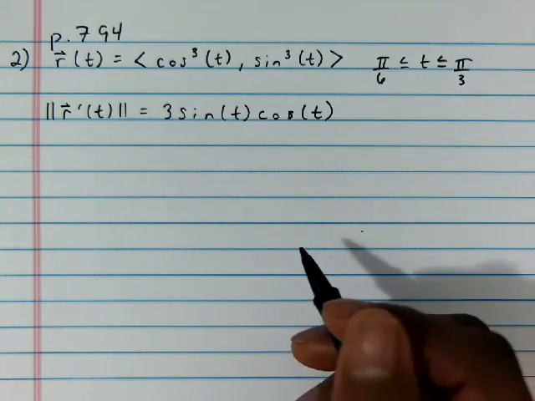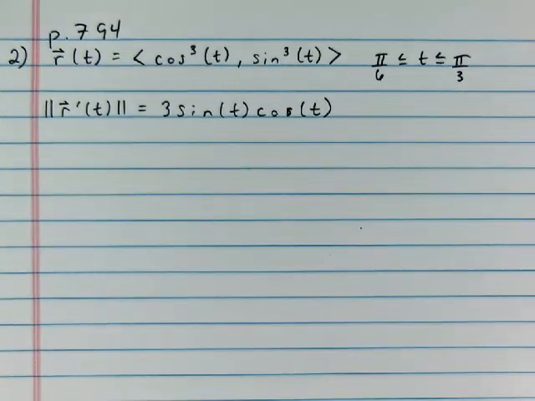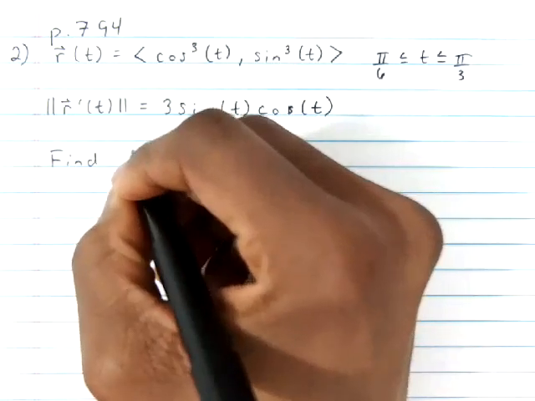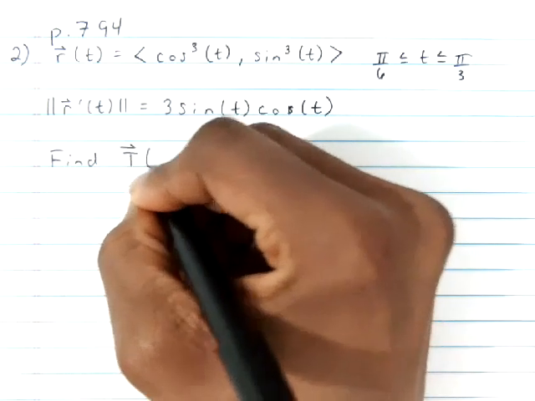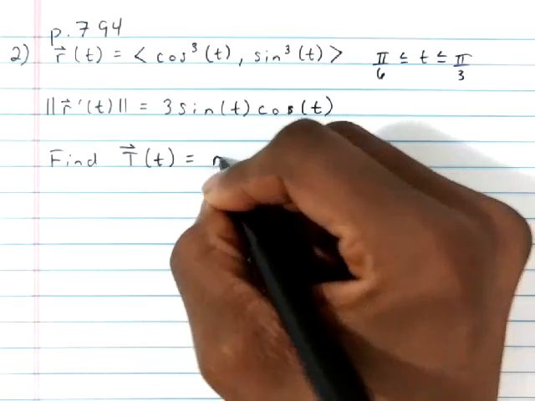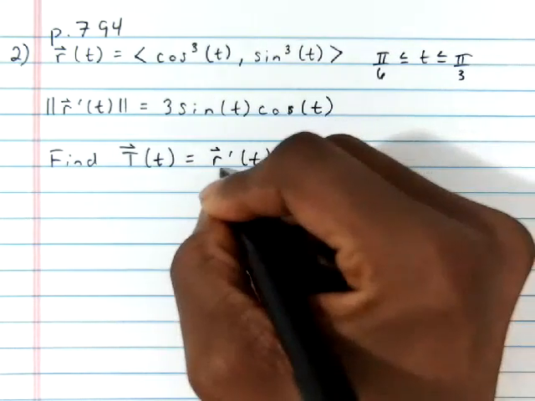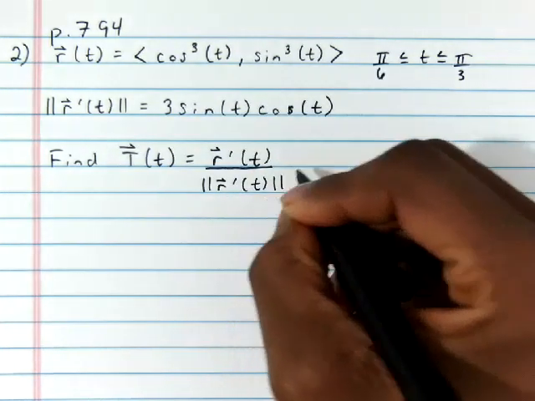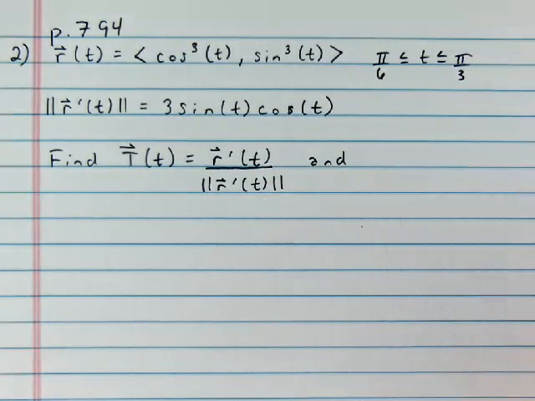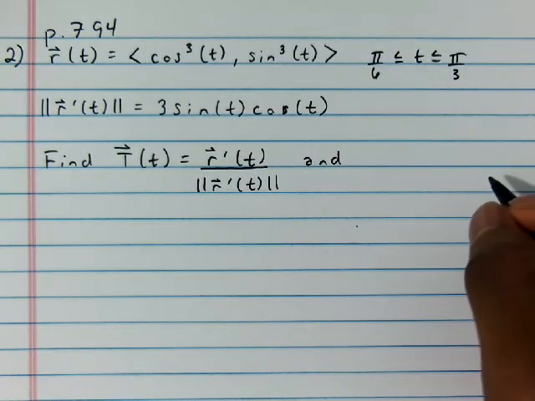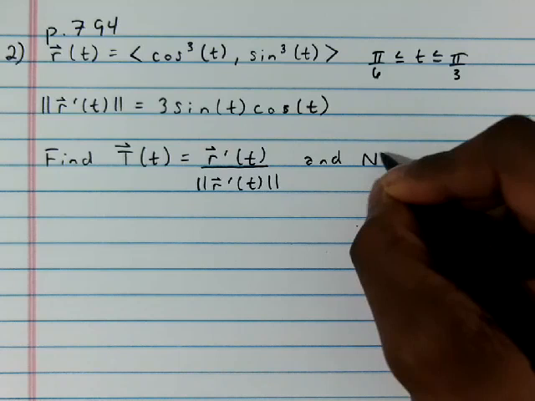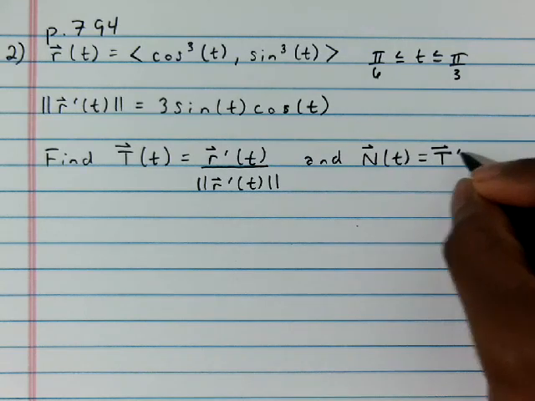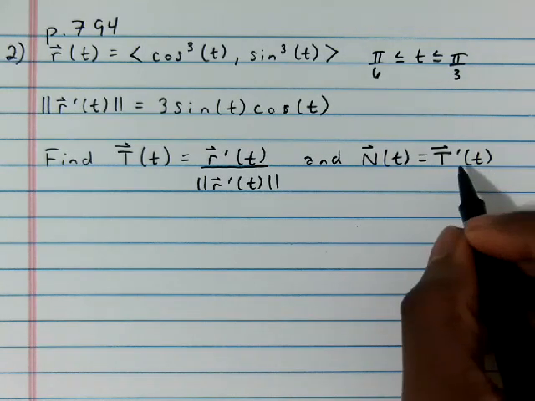All right, so just to recall what the formulas are, we're going to find T of t, which is equal to r prime of t divided by the magnitude of r prime of t, and N of t which is equal to, and please be careful when you find N of t, make sure you are using T prime of t.